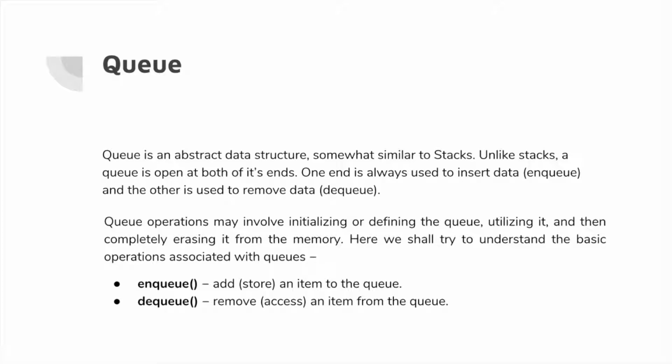Here we shall try to understand the basic operations associated with queues. Those are enqueue and dequeue. As I said earlier, enqueue means adding more elements into the queue, and dequeuing is removing those elements from the queue. So let us see how it looks in a pictorial way.